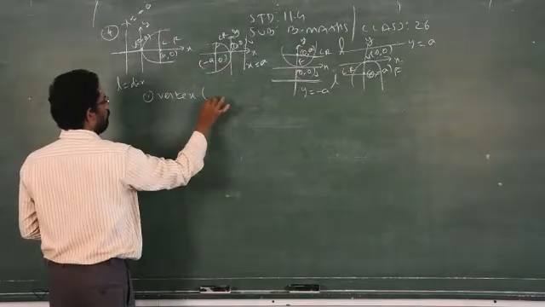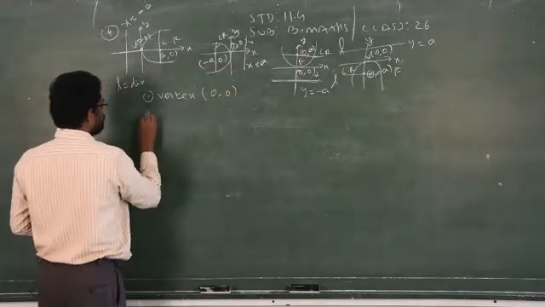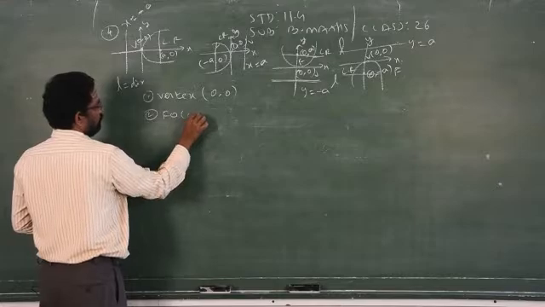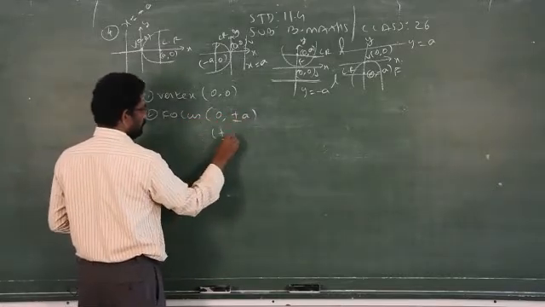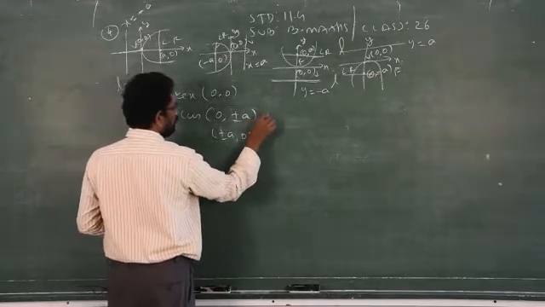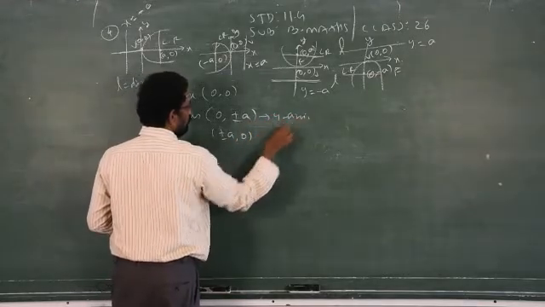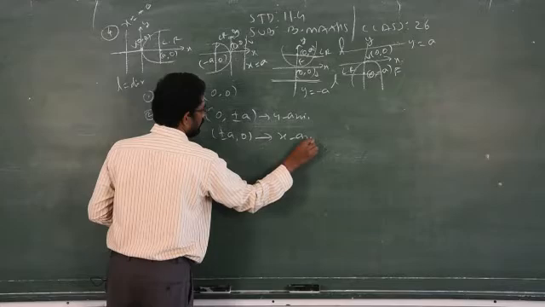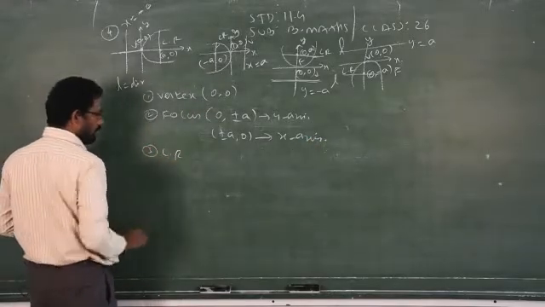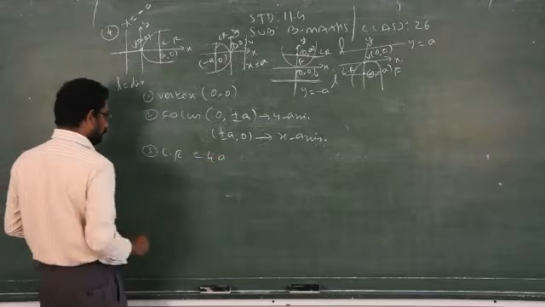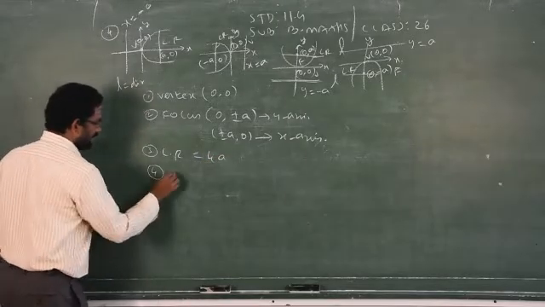All the standard forms pass through the origin. Then second one, focus. So focus depends upon the axis, either this refers to the y-axis and this refers to the x-axis. Clear? Then the third point, LR, latus rectum. It is common for all, 4a. Then fourth, axis.